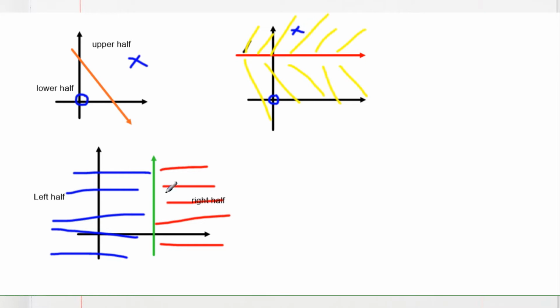So in these three cases you can see we can divide the plane into two parts in such a way that in one part the origin is included, in the other part the origin is not included. So we can say the part which includes the origin will be towards the origin side, and the part which does not include the origin is away from the origin, isn't it?